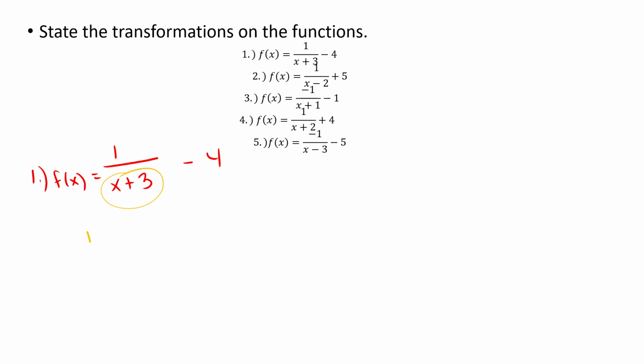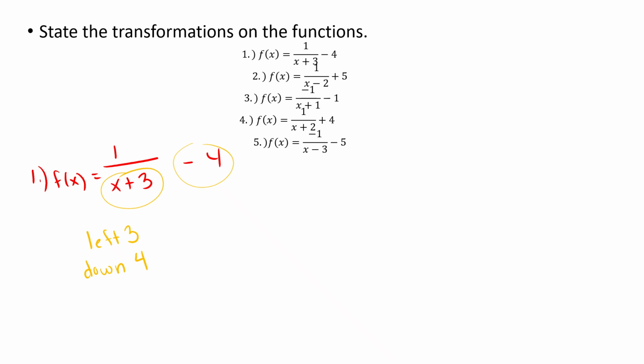So this one will go left 3 units, and then this one is our up down, and the minus 4 means the graph will go down 4. That's really all you need to do to state the transformations, just left, right, up, down. We do have a couple of flips in here. You can go back to the video for more details on that if needed.